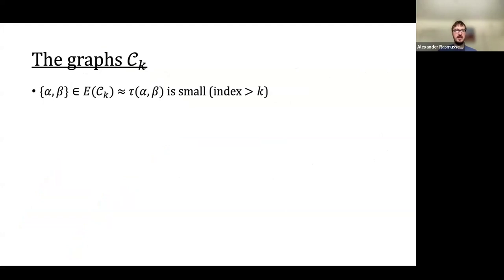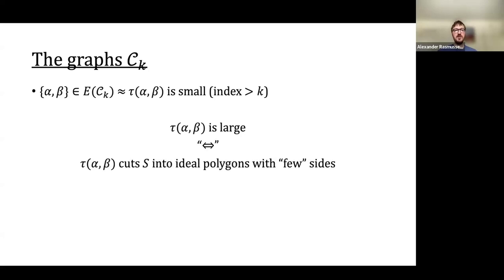So what does it mean if tau is small, index greater than k? Let's think about the converse. What if tau is large? If tau is large, then it cuts the surface up into really small ideal polygons with few sides.